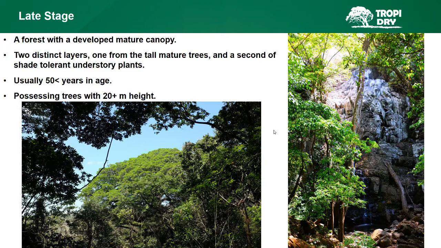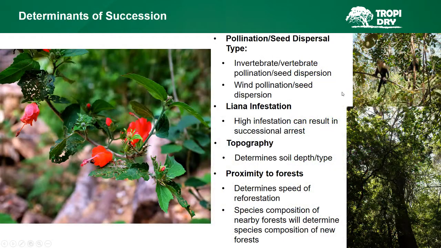But yeah. So, what are the determinants of forest succession? Well, there's some main drivers here, and we'll start with pollination and seed dispersal. So there's two different types of pollinating and seed dispersion.